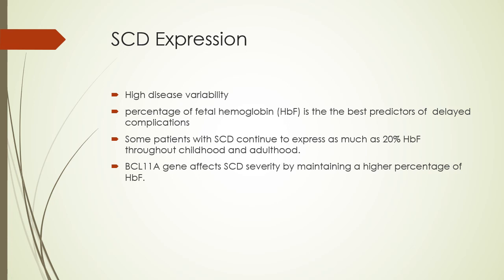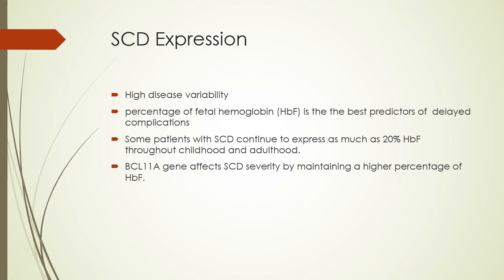But when the baby is born, the adult hemoglobin will replace most of the fetal hemoglobin, and eventually people will have very little fetal hemoglobin. So approximately 2% will be left, and the rest of the hemoglobin will be adult hemoglobin.